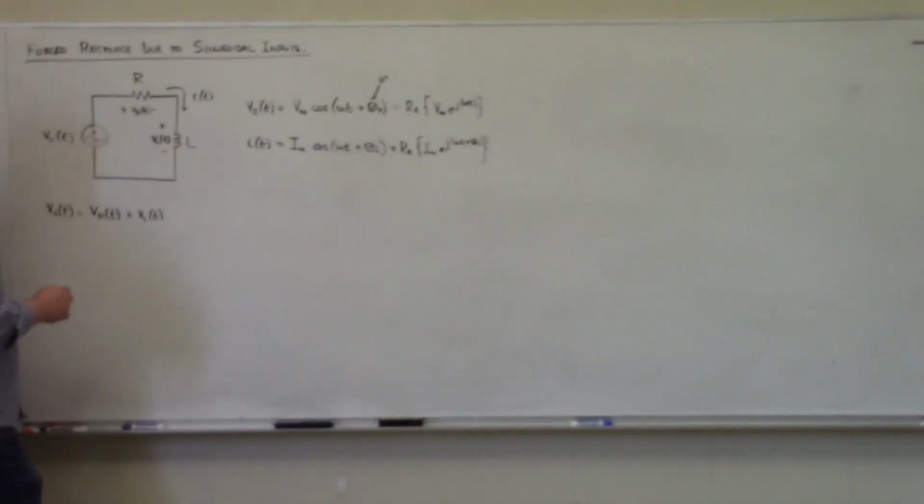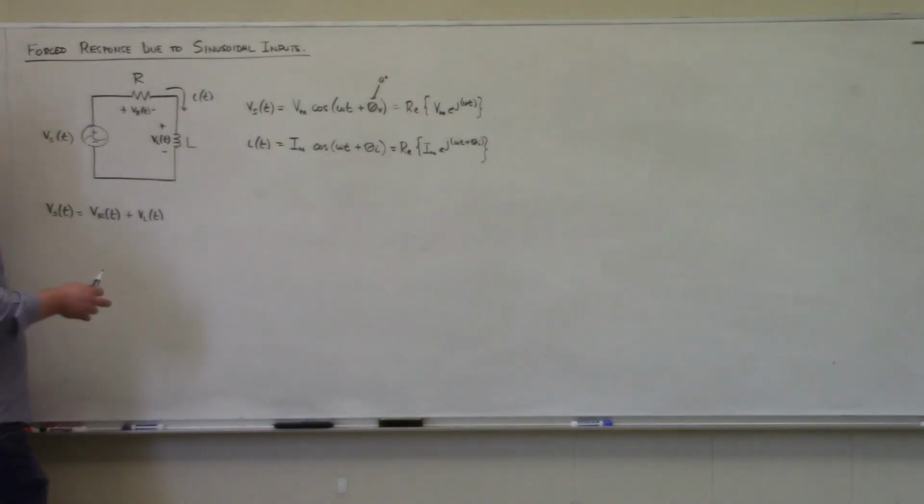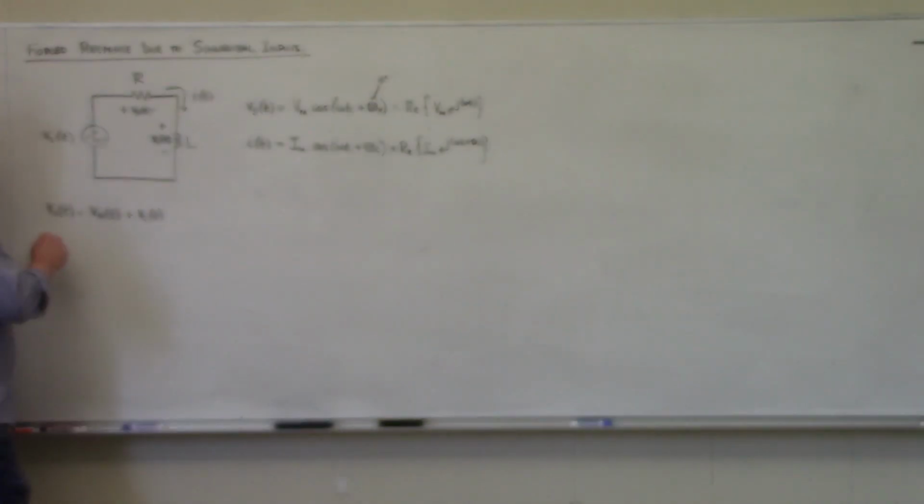So this is going to give me, if I put in what I have for my excitation function now, Vm e to the j omega t will be equal to R times my current.